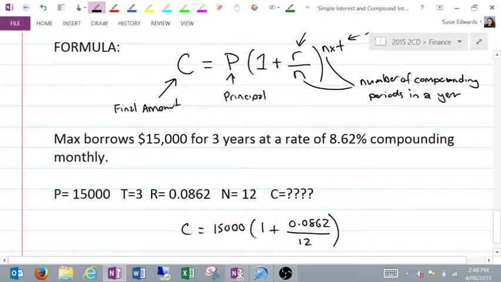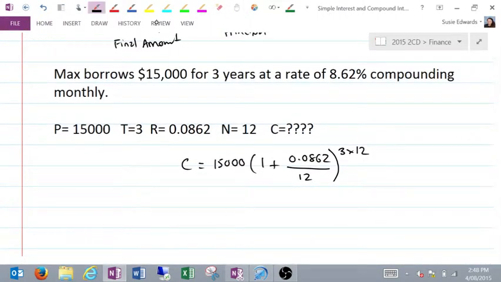Okay? Times, to the power of 3 times 12. So this time we're not just going to compound it 3 times, not yearly. It's 3 times 12. Because we're going to compound it 12 for the first year, 12 for the second year, 12 for the third year. And we get an answer.